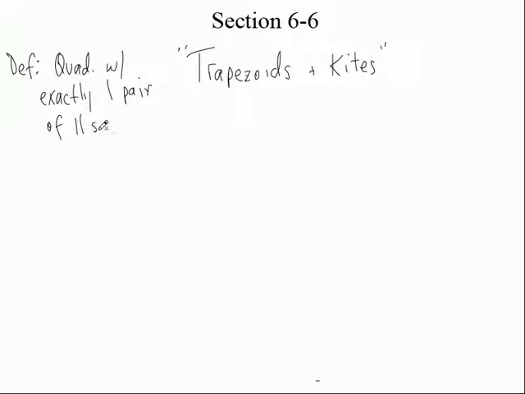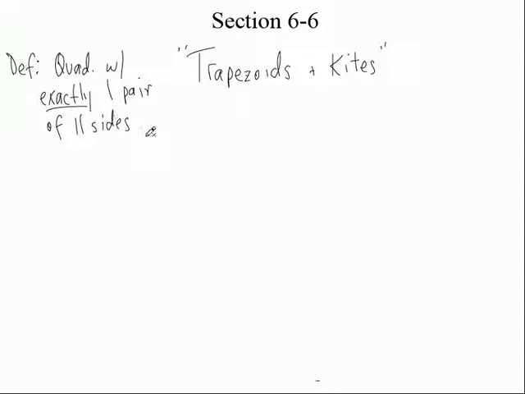I'll just put the symbol there. With exactly one. All right, so if both pairs are parallel, it's not a trapezoid. Okay, that means if only one pair of opposite sides were parallel to each other, then what's true about the other two sides? They're not parallel, that's right.